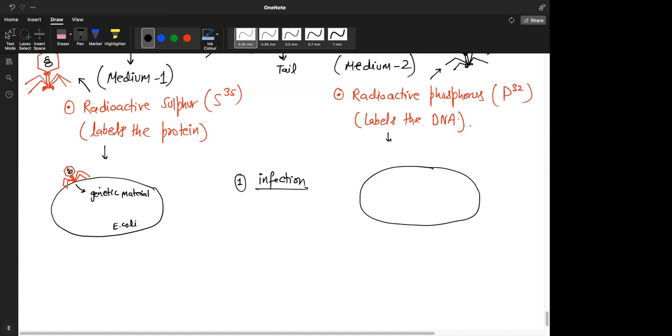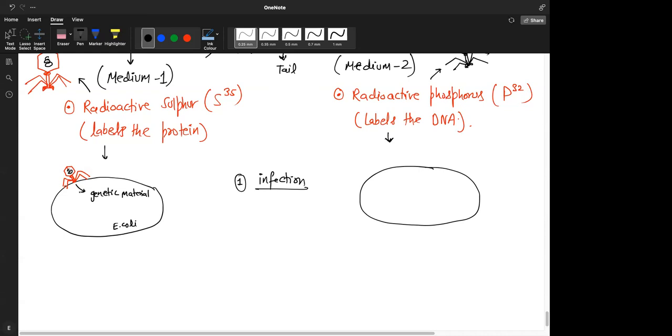This genetic material will incorporate itself with the genetic material of the bacteria, get transcribed and translated to form more viral proteins. All these viral proteins, head, neck, and tail, will assemble to make a new virus with the DNA inside. So from one virus infecting one cell, you can make millions of viral copies, because it uses the host machinery to replicate, transcribe and translate.